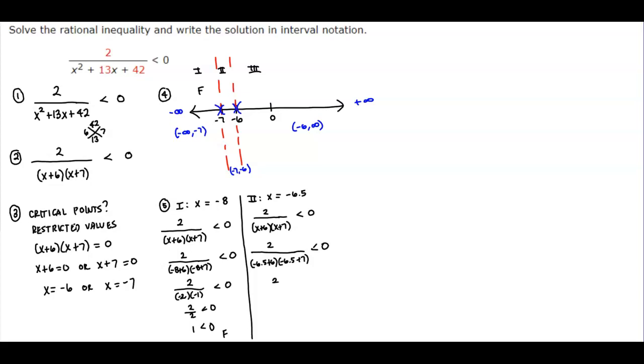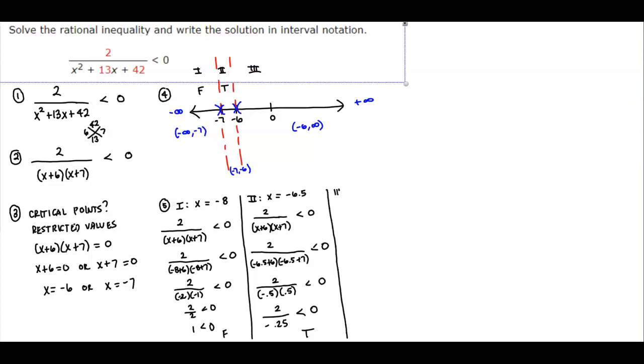So we have 2 in the numerator. In the denominator, we're going to have negative 0.5 times 0.5. So that's 2 over negative 0.25. Now we don't have to multiply that all out because we know a positive divided by a negative is a negative. And that number is negative, and it's less than 0, so we know it's going to be true in region number 2.